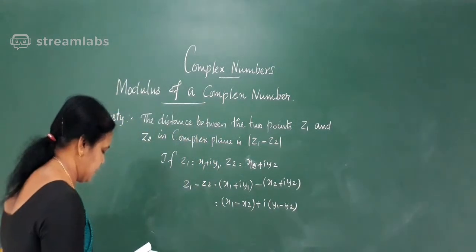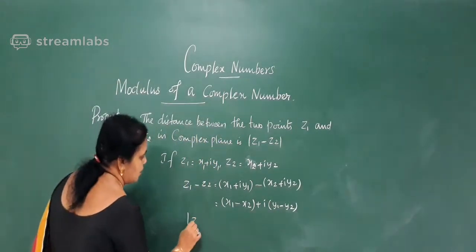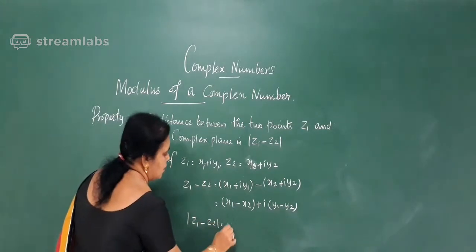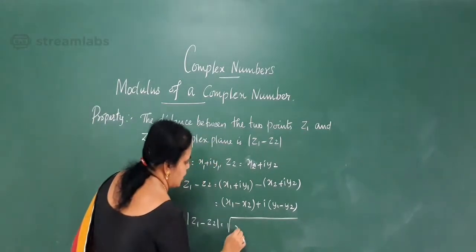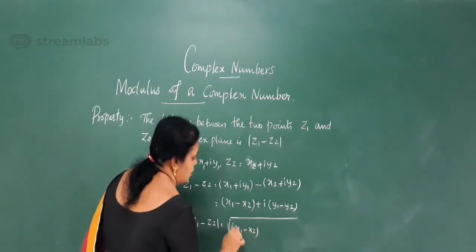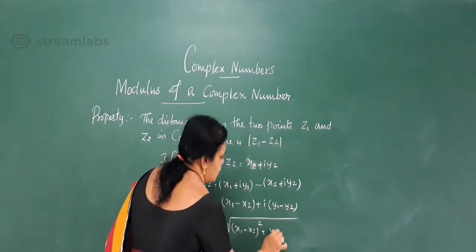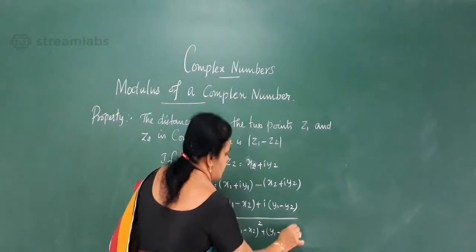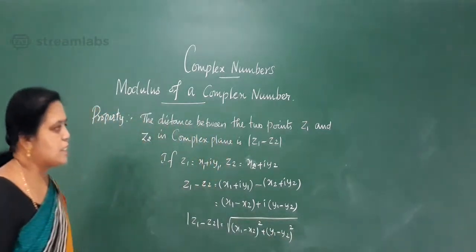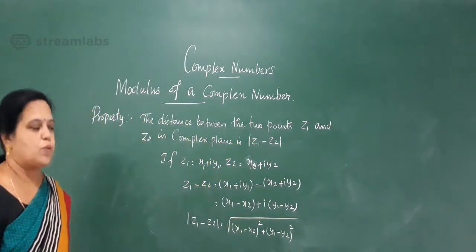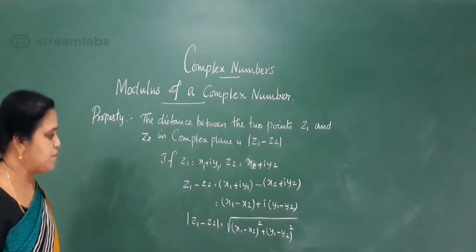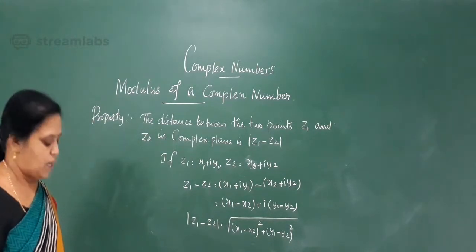Then we have to find the modulus: square root of x1 minus x2 whole square plus y1 minus y2 whole square. This is the distance between the two points z1 and z2 in the complex plane, this is the formula.